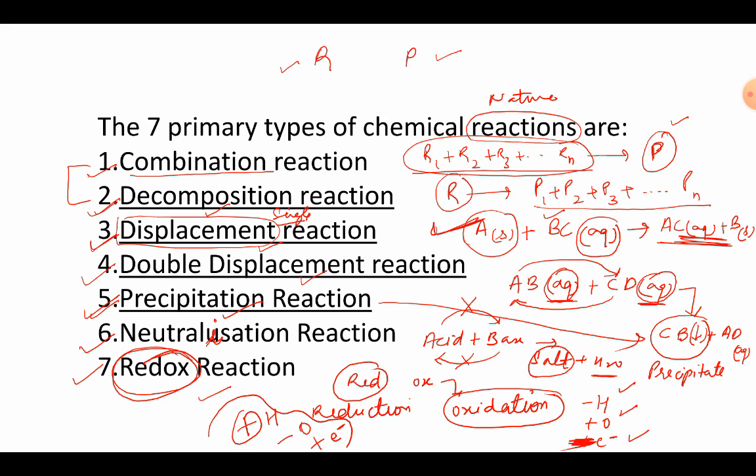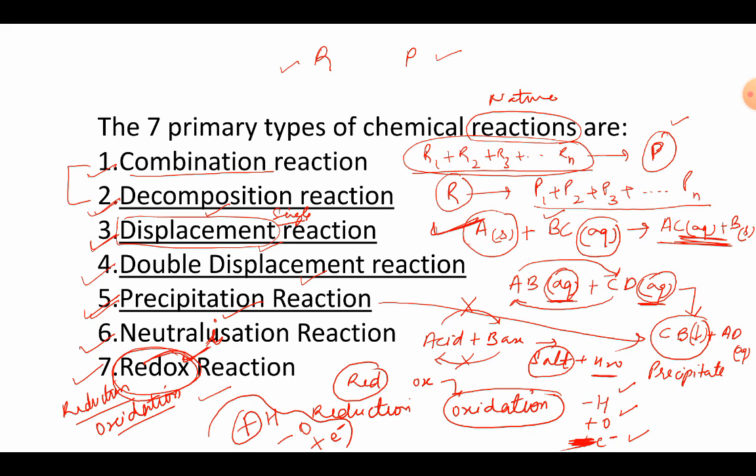Because if there is one substance in a chemical reaction which undergoes reduction, then in the same chemical reaction there will be another substance which will undergo oxidation. So what do we understand by this? That reduction and oxidation always take place simultaneously. If reduction is taking place, then there is some other chemical substance in the same reaction where oxidation will take place. So they both happen together. That is why the name redox is given, right?